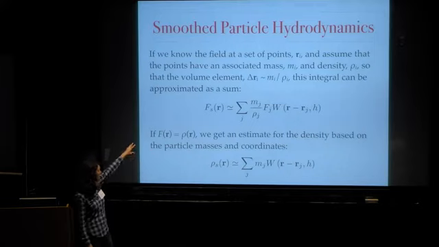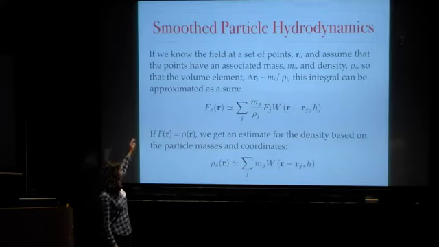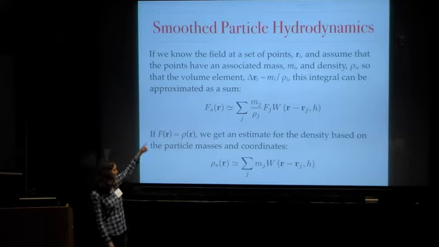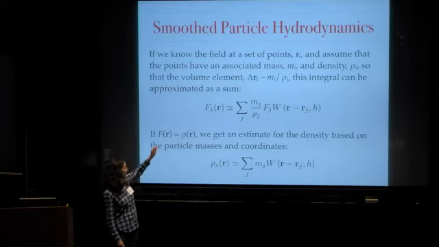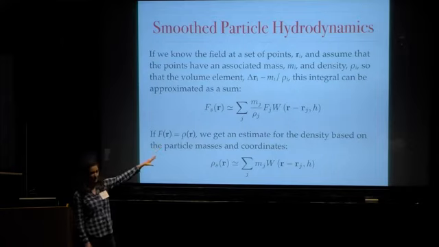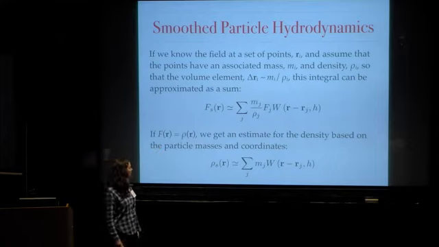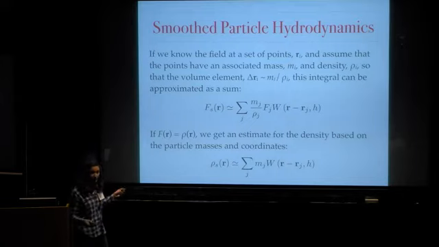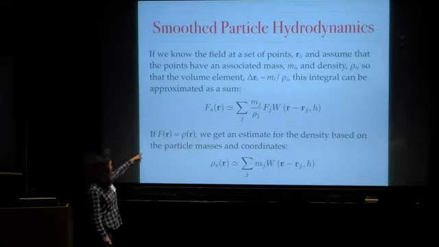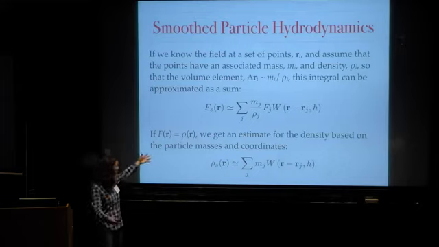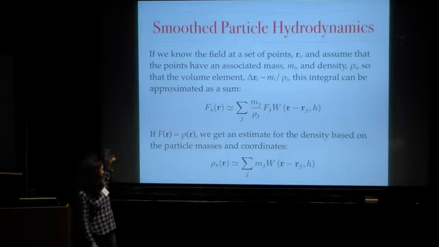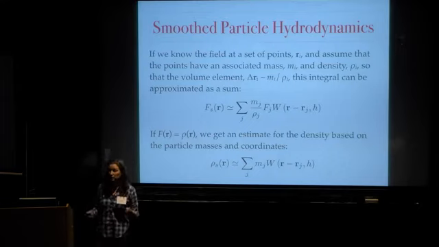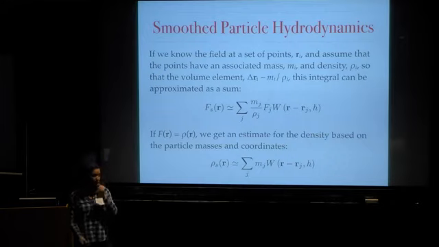So now we have the smoothed field equal to the sum over all of the particles J of that same field times the kernel, with this factor mj over rho up front. Okay, so for example, now if you plug in for the field just rho, you get an estimate for the density of the fluid just based on these particle masses and positions, right?